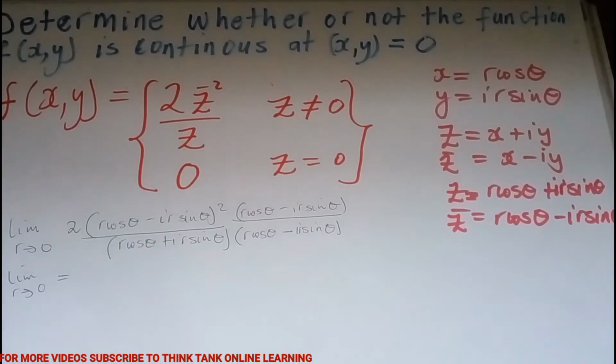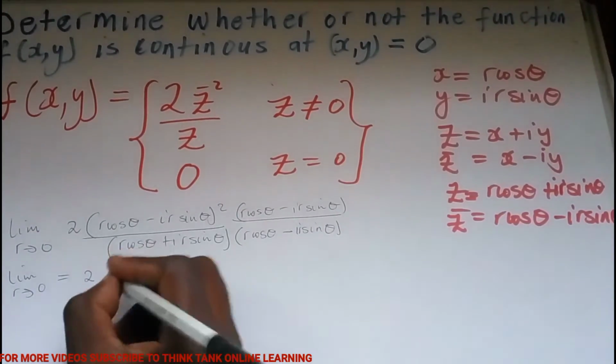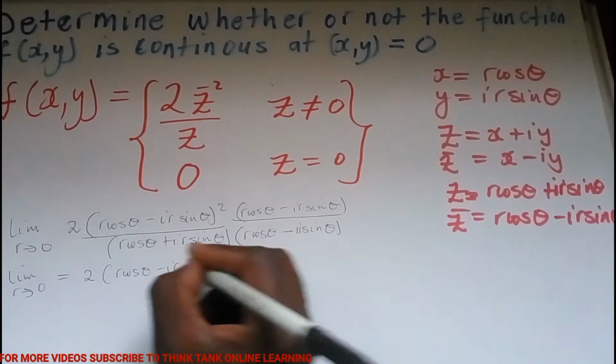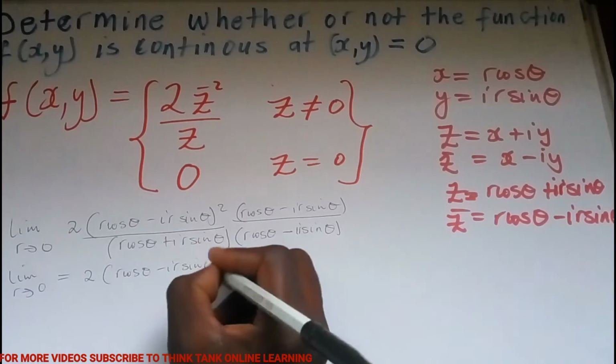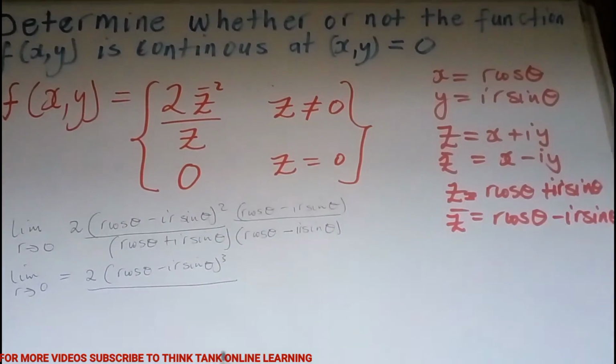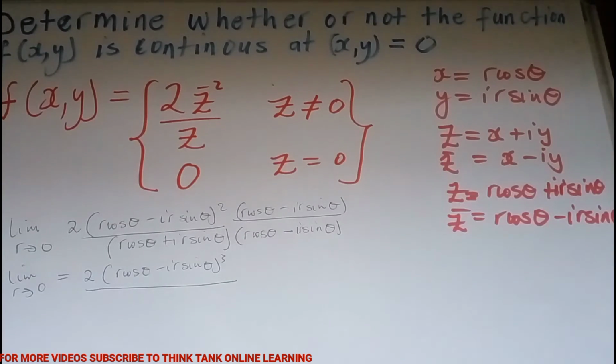As you can see, this is the same as this, so I can just say 2 (r cos theta minus i r sine theta) cubed over. If we multiply a complex number by its conjugate, we're going to get a real number.